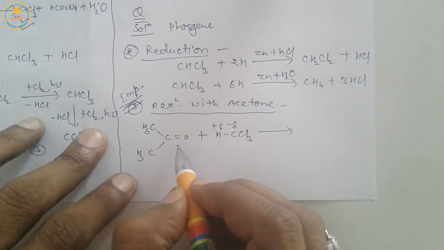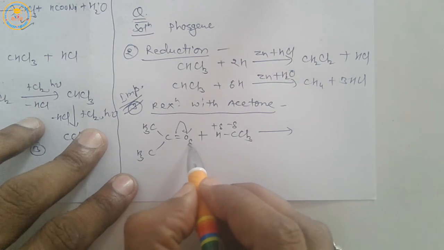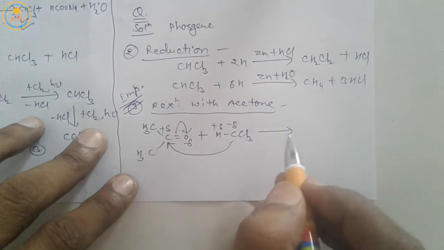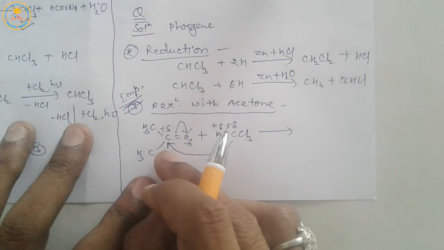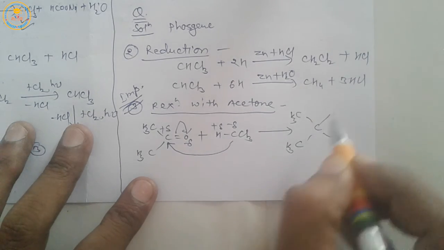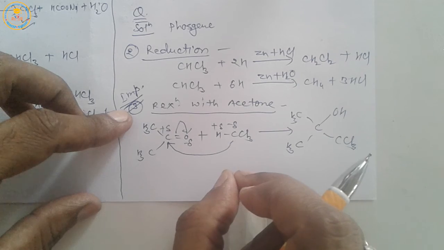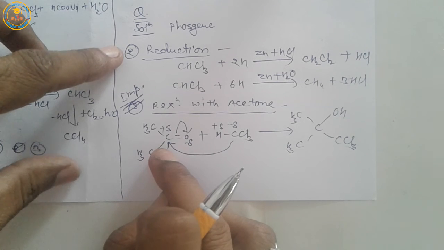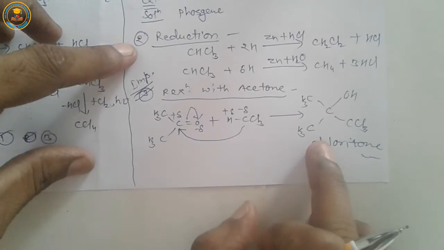Oxygen has more electronegativity than carbon. So oxygen has a partial negative charge and carbon has a partial positive charge. So the CCl3 of the chloroform molecule is attached to the carbonyl carbon, then chloretone is formed after nucleophilic addition reaction, because in this reaction acetone participates, so it is known as chloretone, which is a hypnotic drug.